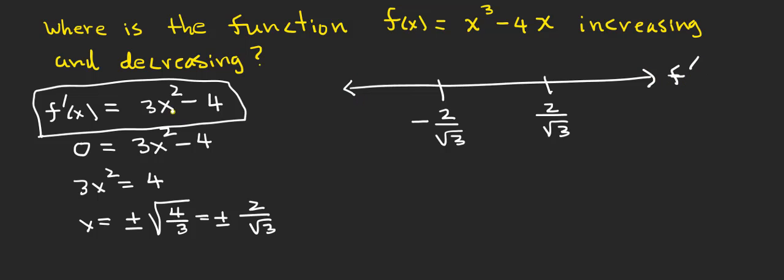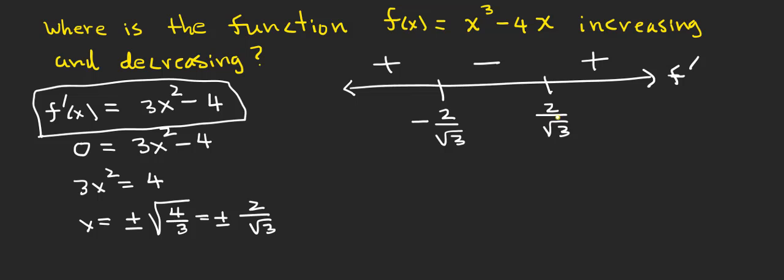When you plug in 10, you're going to get positive. What's a nice number to choose from here? 0. When you plug in 0, you get negative. What about over here? How about negative 10? When you plug in negative 10, that becomes positive 100. So you end up getting positive here.